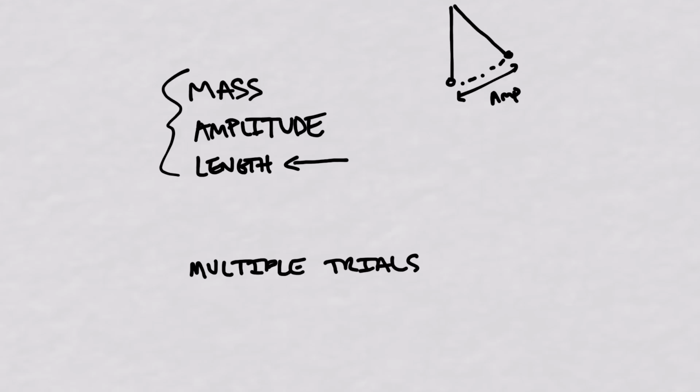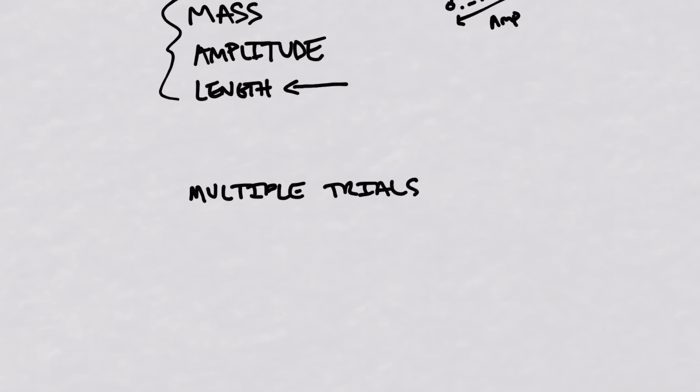If you take one time, just once, you could be off by a certain amount. Taking multiple measurements and then averaging them gives you a much better idea and allows you to be much more certain of your conclusion. So multiple trials are key for good experimentation.